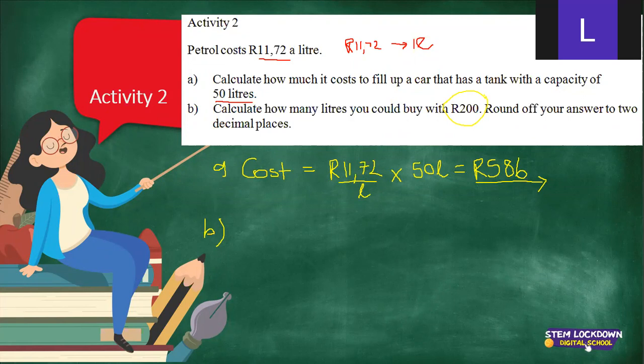I'll check whether you understand this. Here we are looking at fractions. Do you know how to cross multiply? Basic things. This section is actually very, very easy. Now let us continue.